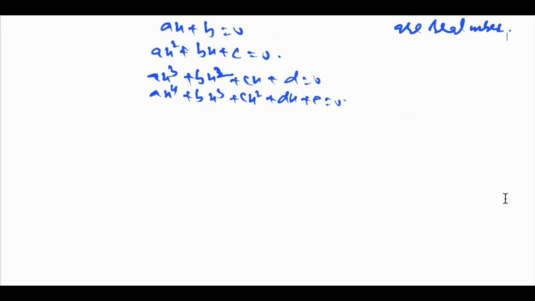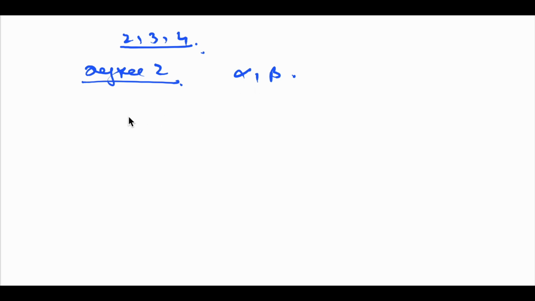Okay, so this one. Now we have 2nd degree, 3rd degree, and 4th degree equations. If it's a degree 2 equation, its roots will be alpha and beta. Now I'll find a different thing. Suppose I want to find its square.